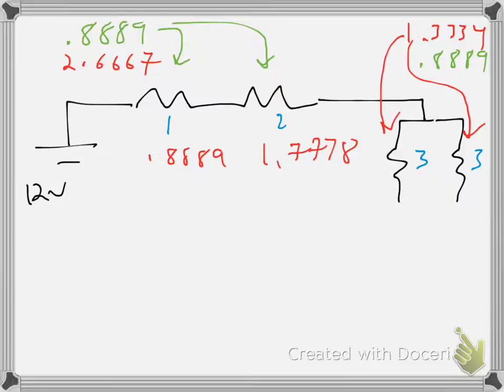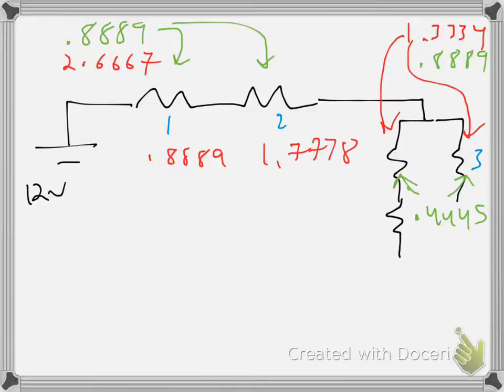So if I take 1.3334 volts divided by 3 ohms, I get 0.4447, or 0.4446666, so 0.4447 amps in each of these. Both of these get 0.4445.